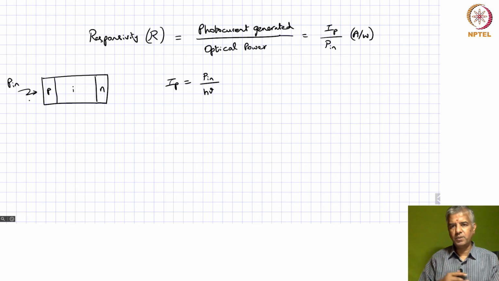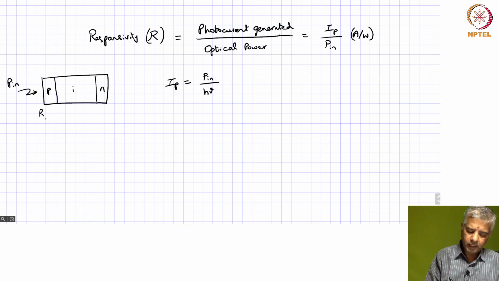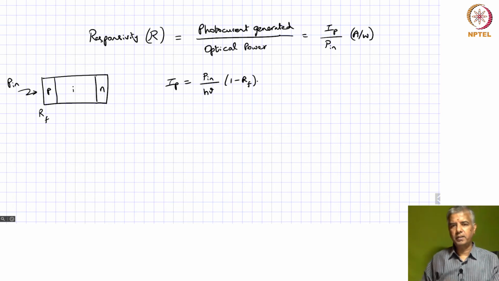So there's a huge mismatch in the refractive index, and that causes a certain reflectivity, which you can say is what you call the facet reflectivity, RF. So only the fraction which is not reflected would be 1 minus RF.